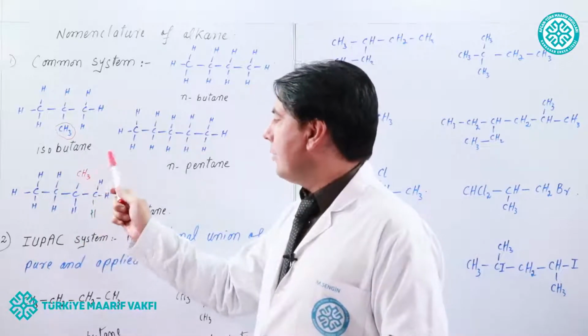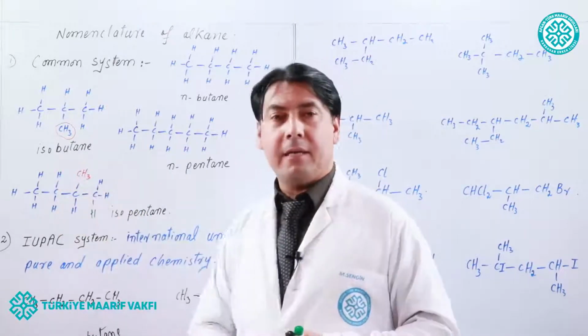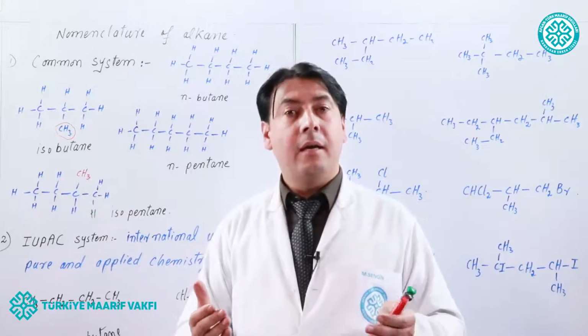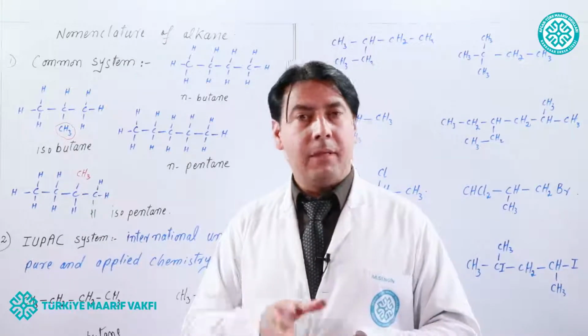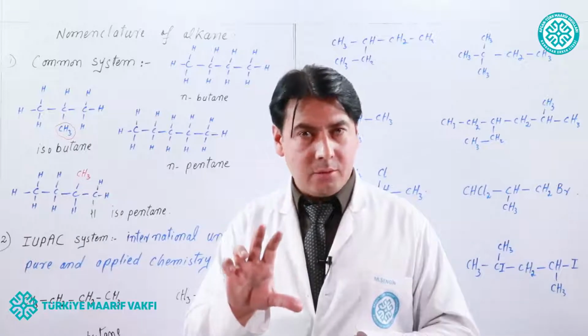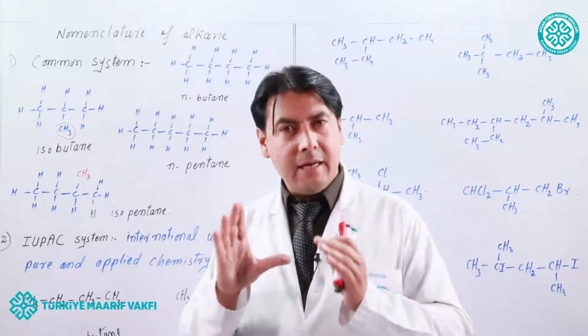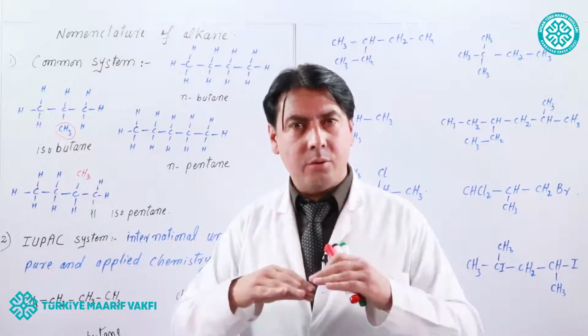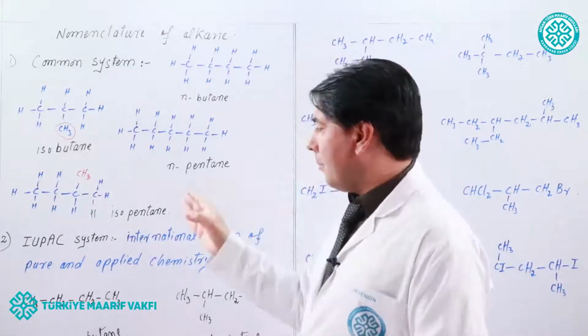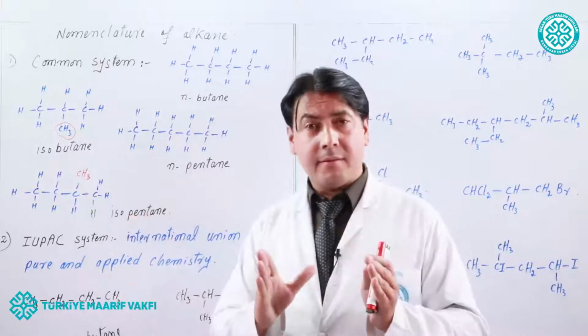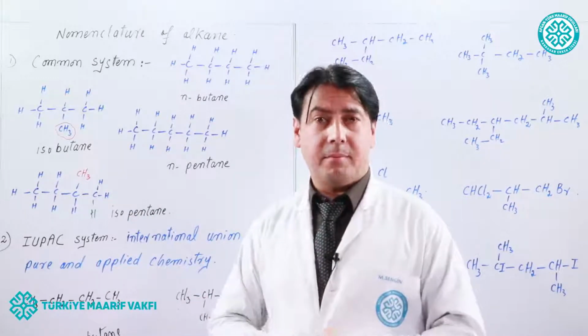If we attach this substituent to this carbon, again it is named isopentane. But the position of the substituent is not mentioned. So for this purpose, the IUPAC system can solve this problem.